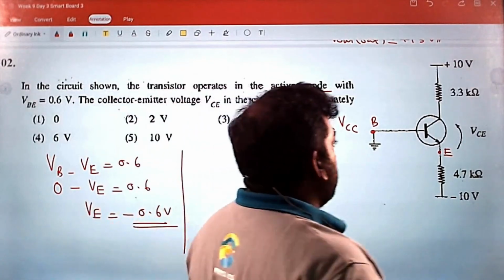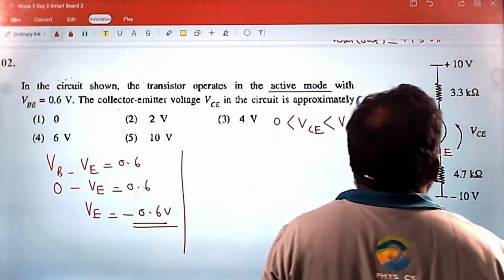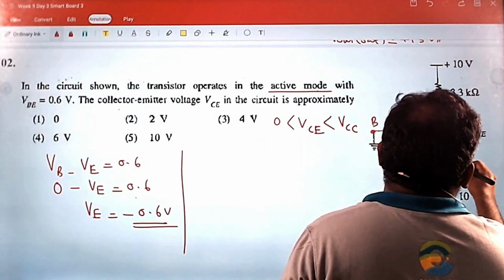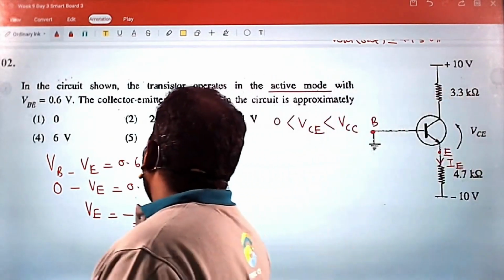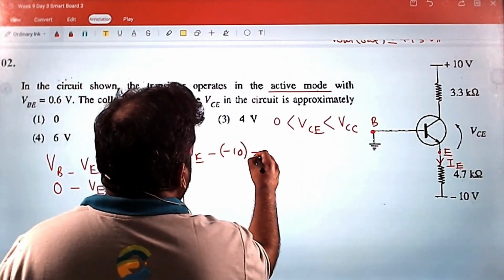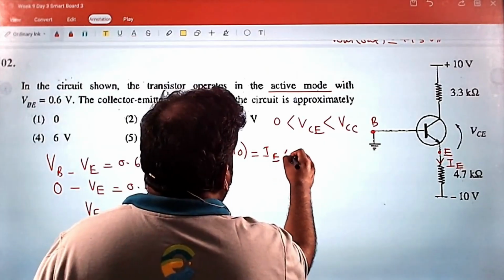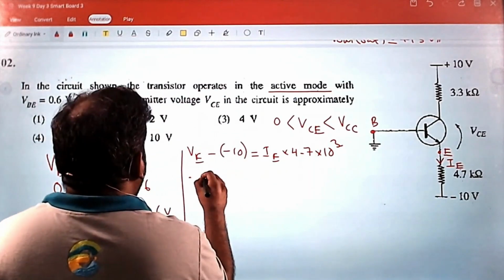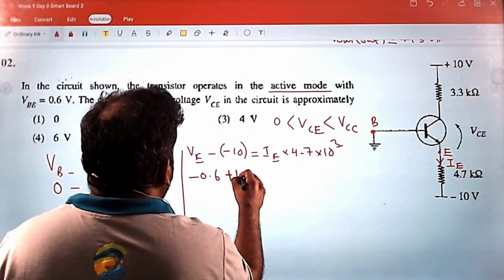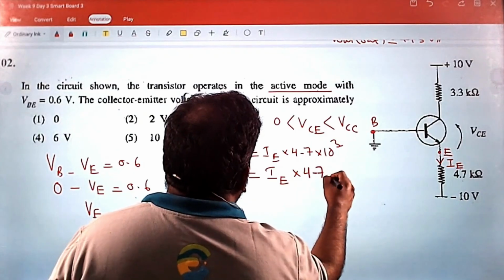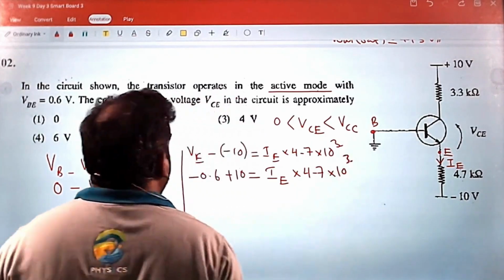If that is minus 0.6, high potential, low potential, now the current is going to be IE here. So you can say VE minus minus 10 equals IE times 4.7 kilo ohm. Minus 0.6 plus 10 equals IE times 4.7 times 10 to the power 3.